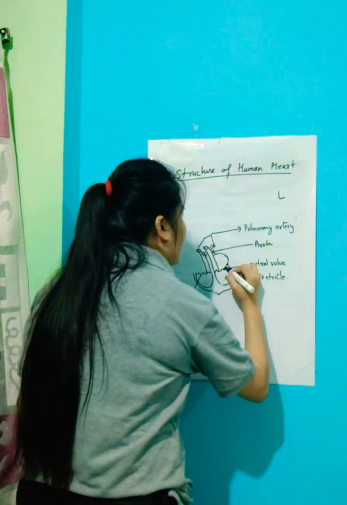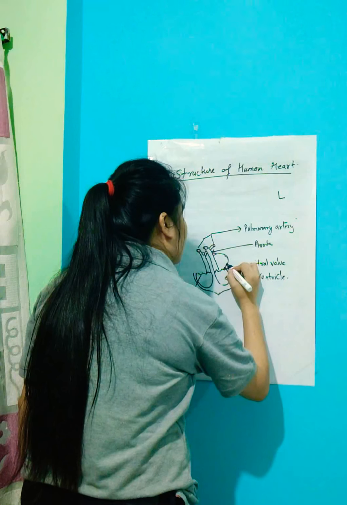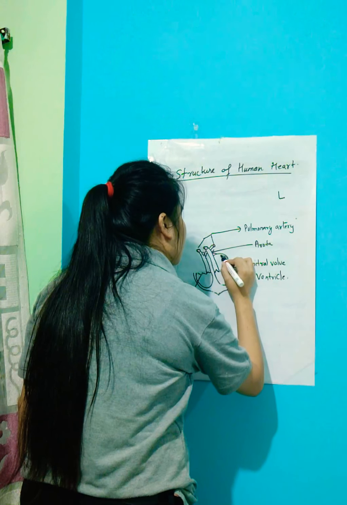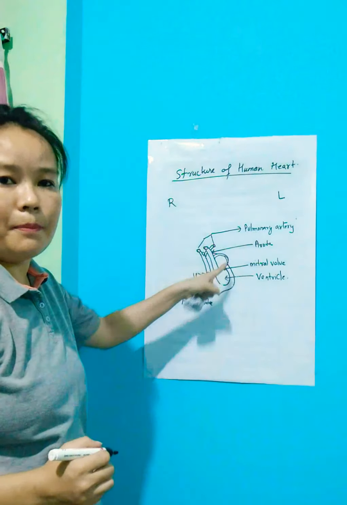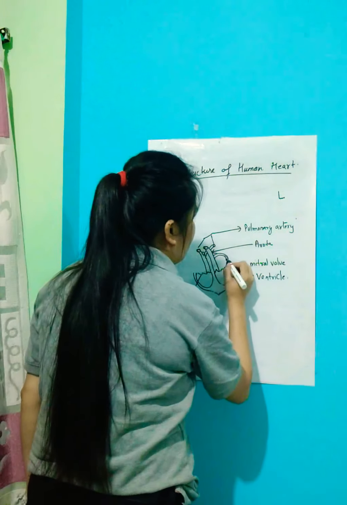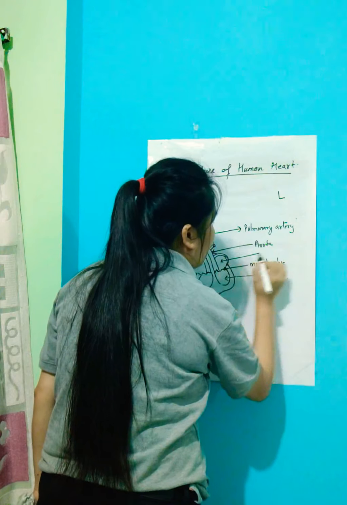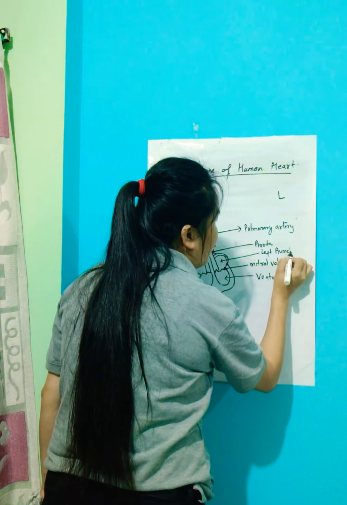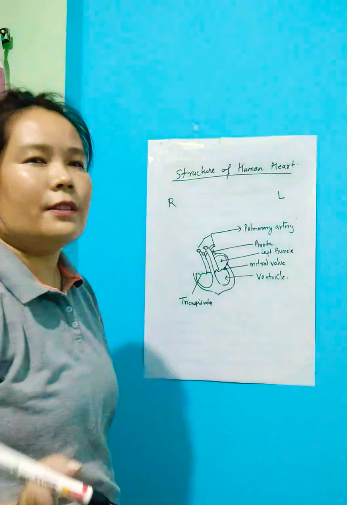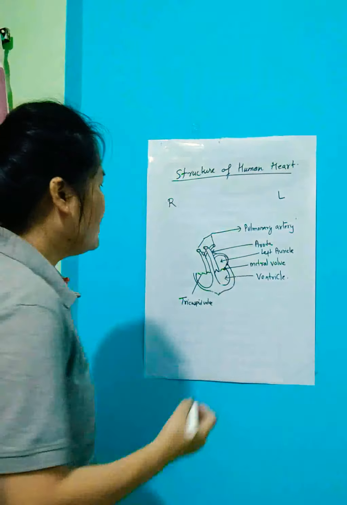Now it became the upper chamber. Which chamber did you get here? You got the left auricle, or the left atrium.